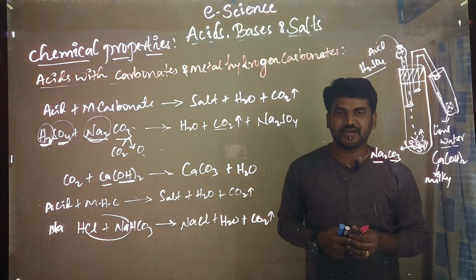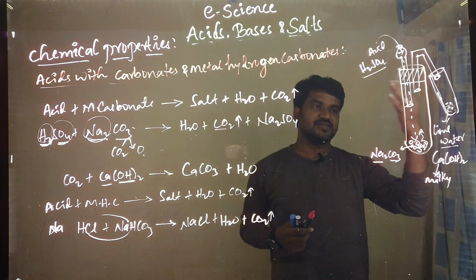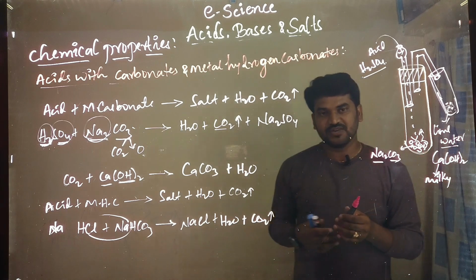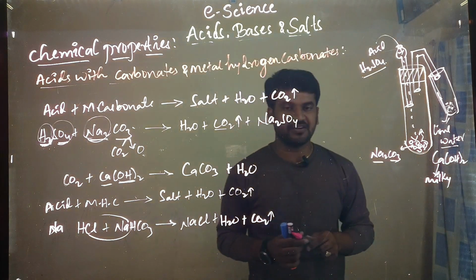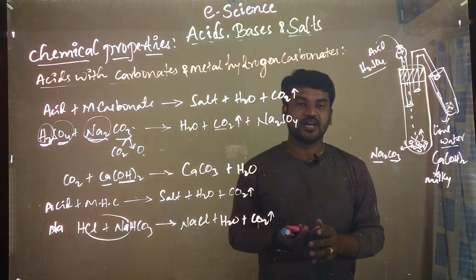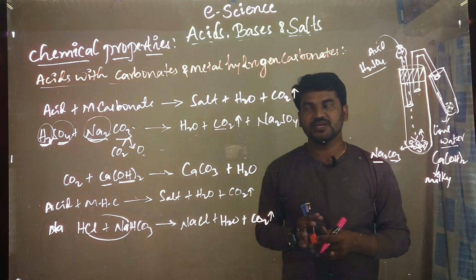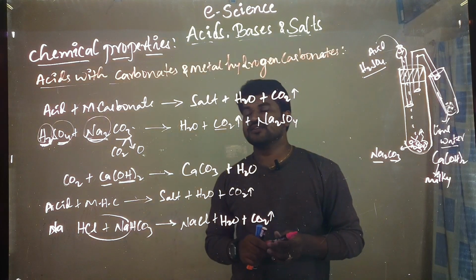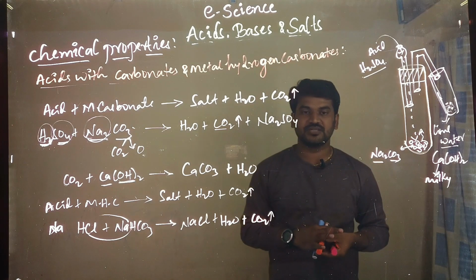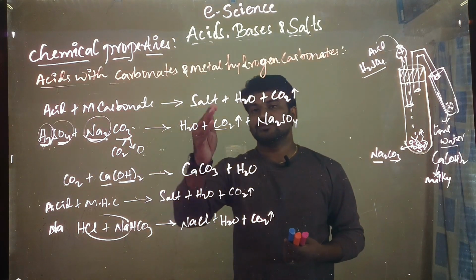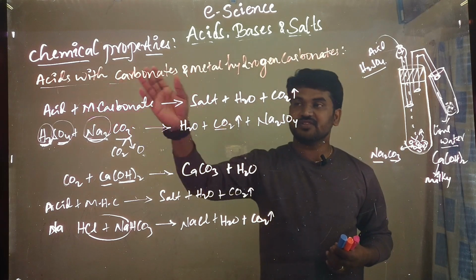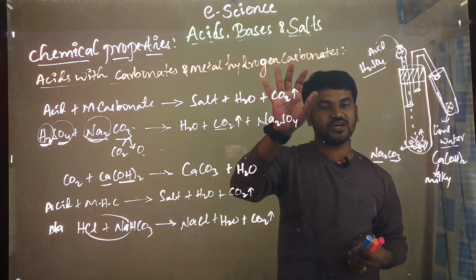How to identify the carbon dioxide gas? Again pass the carbon dioxide gas into the lime water, that will change into milky white. The change to milky white indicates what? Presence of carbon dioxide gas. Okay, so that is what acids reacting with the carbonates and metal hydrogen carbonates, and the products are what? Salt, water, carbon dioxide. In both cases, when acid reacts with metal carbonates and with metal hydrogen carbonates also, the products are the same.